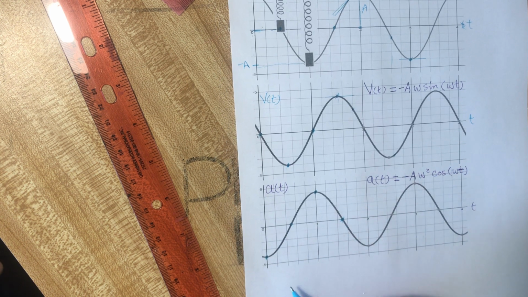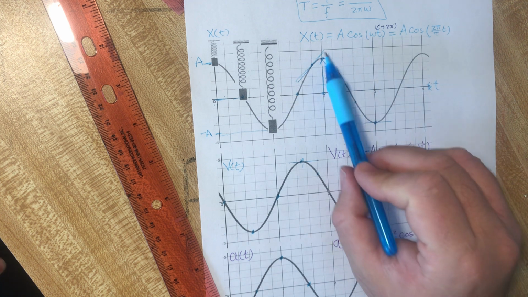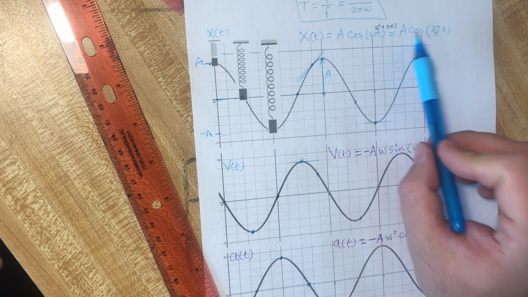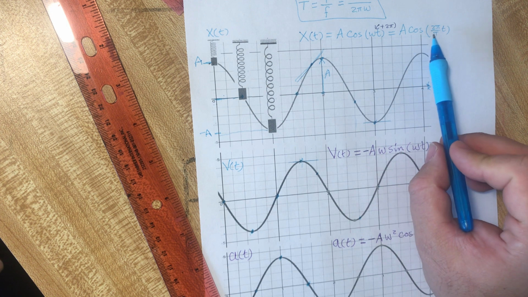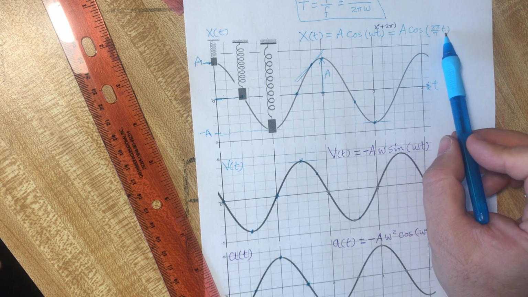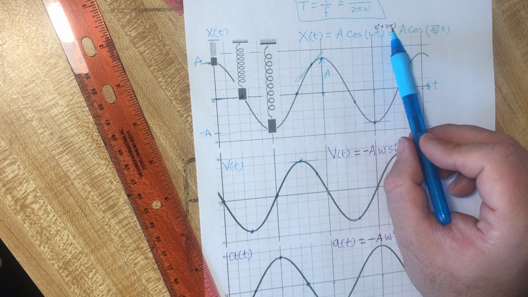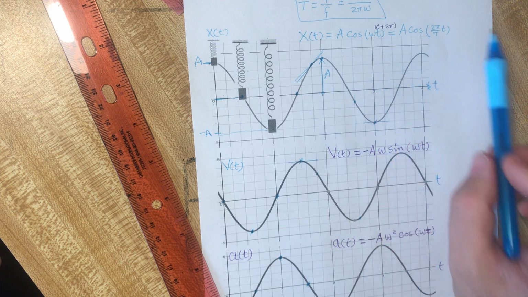Okay? So we have three functions. The first is for position, which is cosine multiplied by the amplitude, with 2 pi over T multiplied by t inside. We can also add 2 pi to our function because it is periodic.